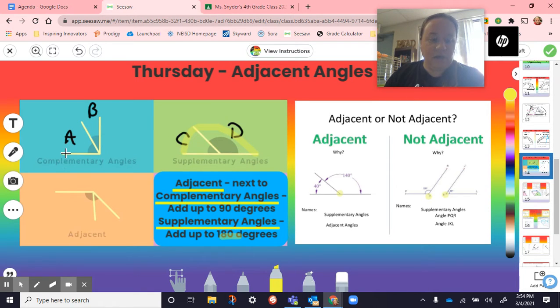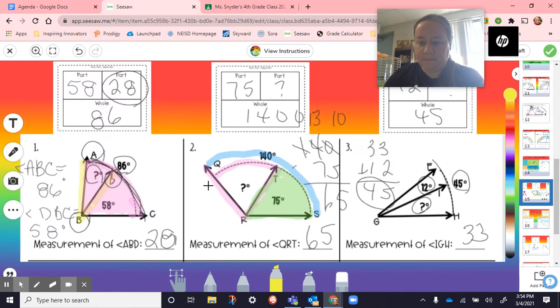Then complementary angles, you've got angle A and angle B. When I take this portion and combine it with this part, you get 90 degrees. So you can see that 90-degree angle there. So a couple words to go back to and reference if you need.